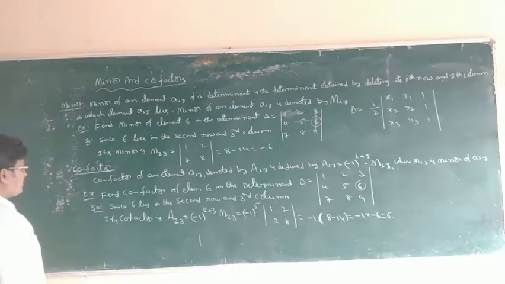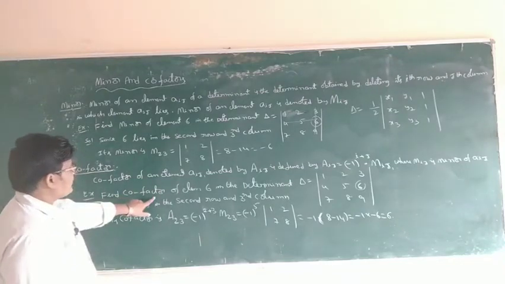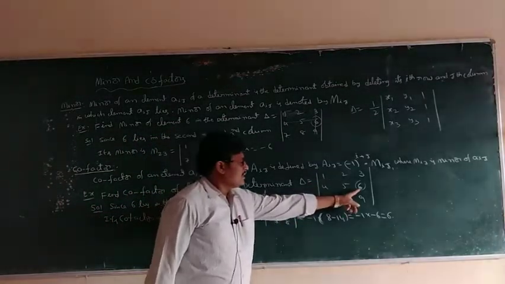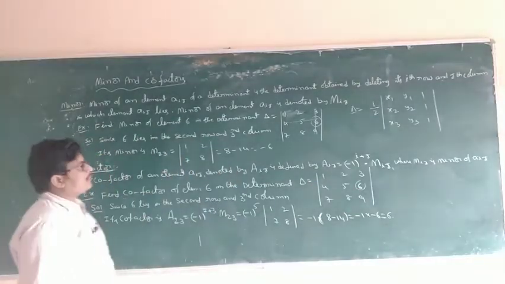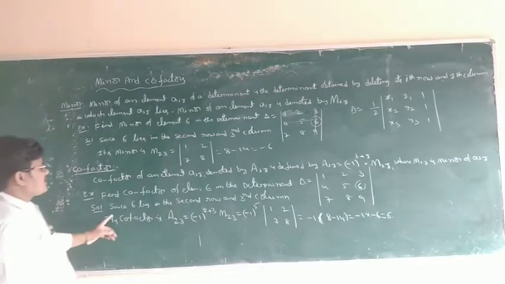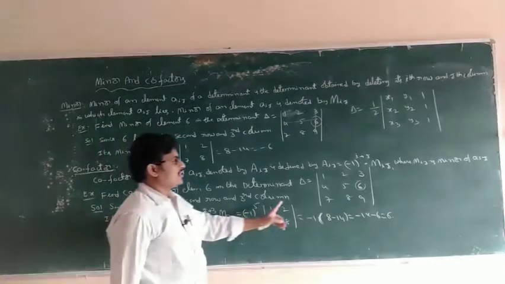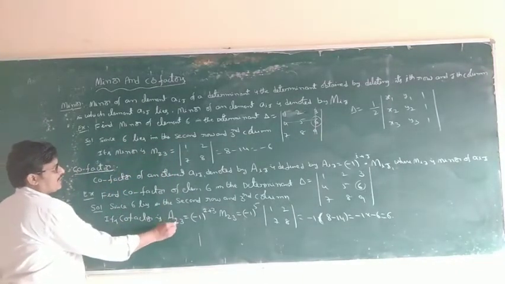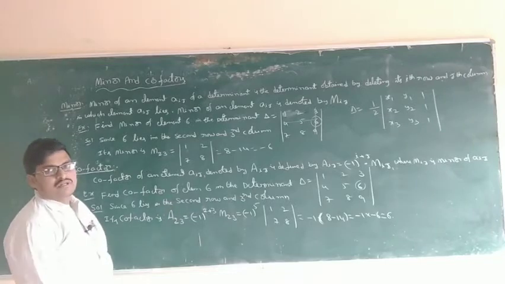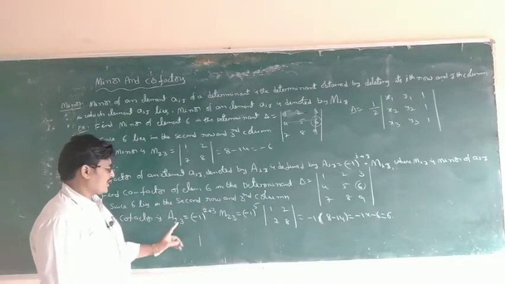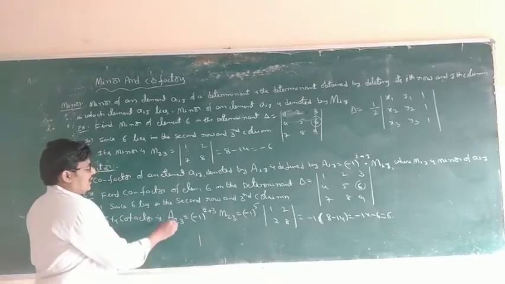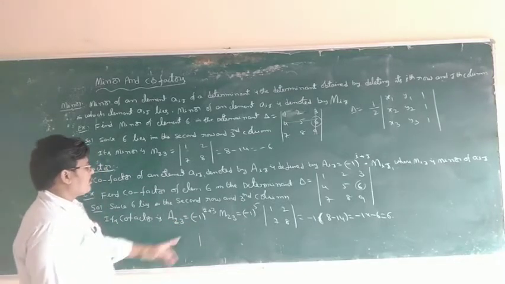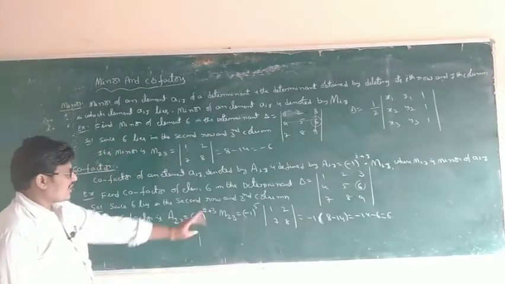One example. Find the cofactor of element 6 in the determinant of the same problem. The minor of 6 is completed, next the cofactor. Since 6 lies in the second row and third column, the cofactor is capital A23. -1 whole power 2 plus 3 into M23.